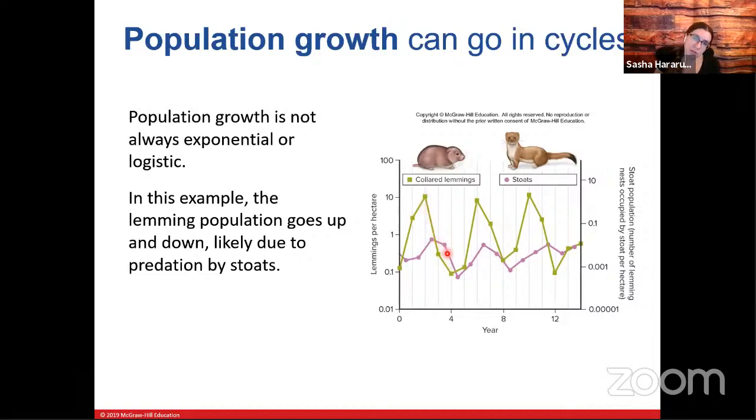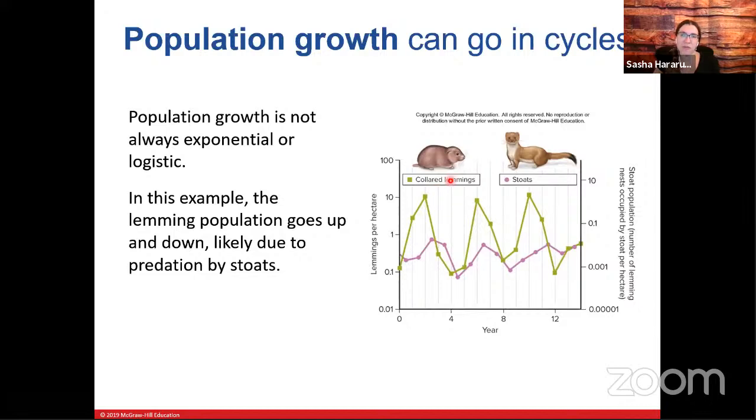And after the population of the food decreased, the stoats population will start decreasing as well. And after a while, after the fall of the population of stoats, lemmings start reproducing well again because they're not hunted as intensively anymore, and the cycle continues.